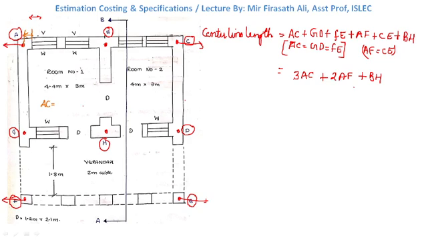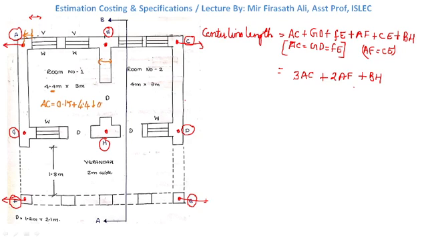Half of the wall thickness, that is 0.15, plus this interior from here to here, how much is it? Inner length is 4.4.